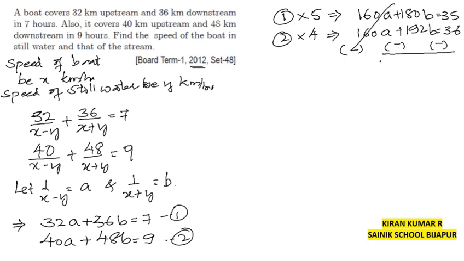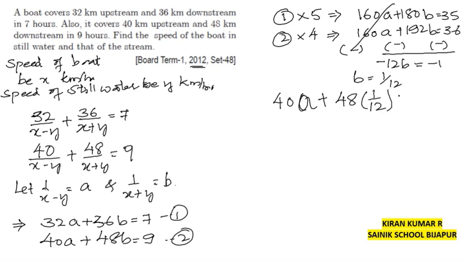I'll be getting minus 12b equal to minus 1. So value of b is 1 by 12. Now let us substitute this in one of the equations. I'll consider 40 times a plus 48 times b, so 48 times of 1 by 12 equal to 9. 12 fours are 48.